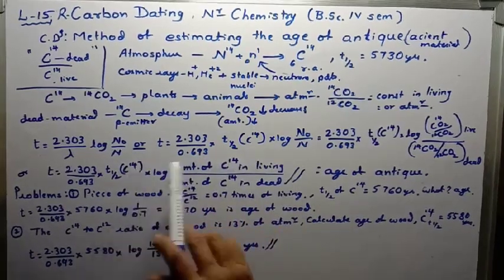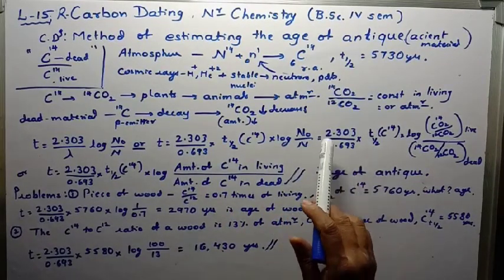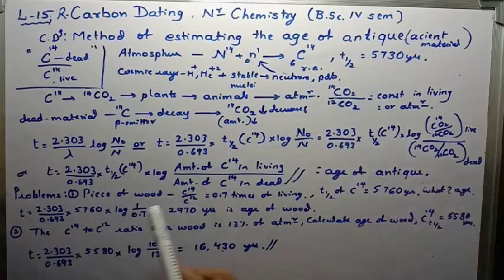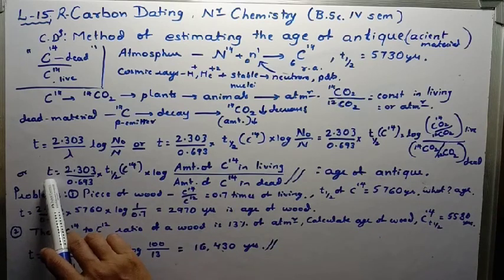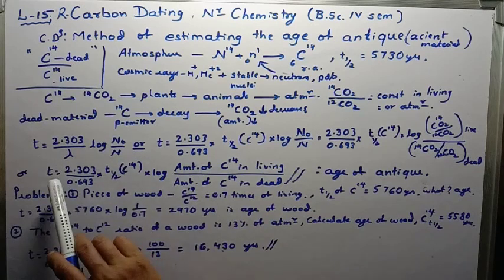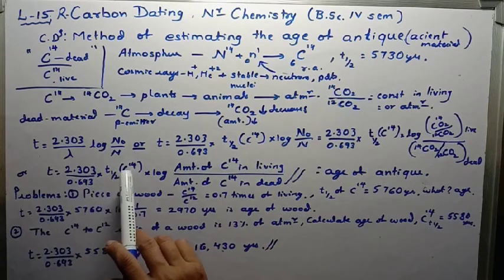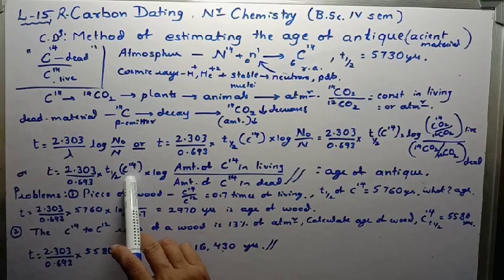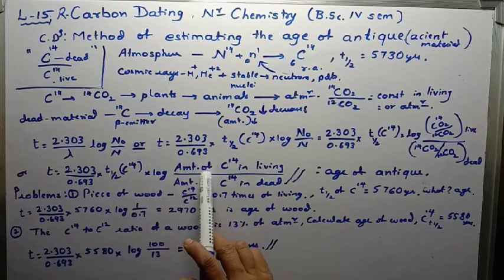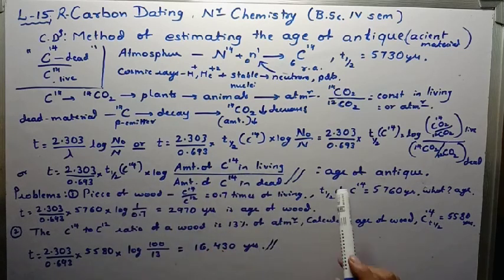Inserting that value and rearranging, the age of any material is 2.303 by 0.693 into the half-life of C14, into log of the amount of C14 in living divided by the amount of C14 in dead. By using this formula, one can calculate the age of an antique.